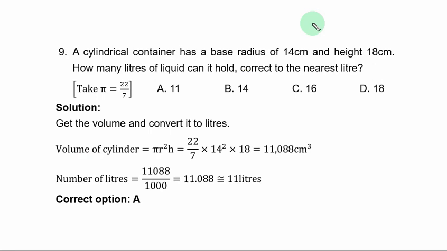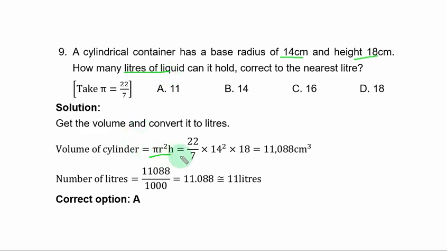Question 9. A container in the form of a cylinder has a base radius of 14 cm and height 18 cm. How many liters of liquid can it hold correct to the nearest liter? You have to find the volume of the container in cubic centimeters, then divide it by 1000 to convert it to liters. Volume of cylinder is this.